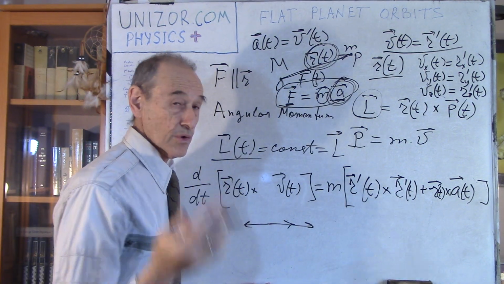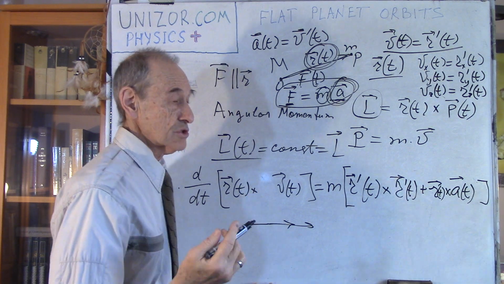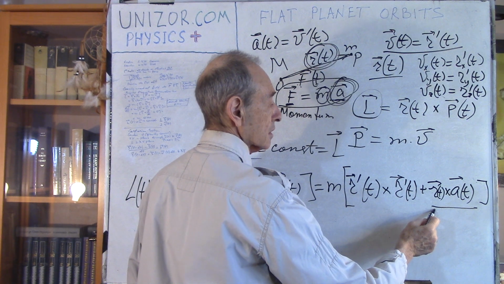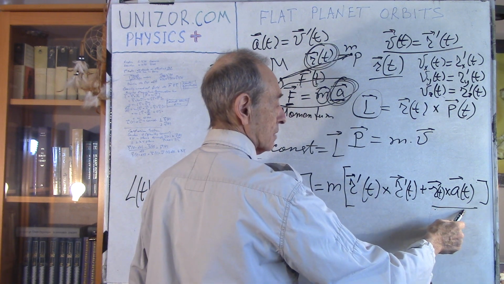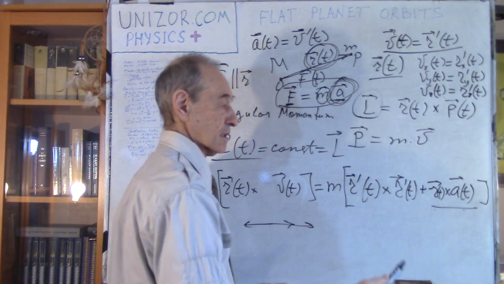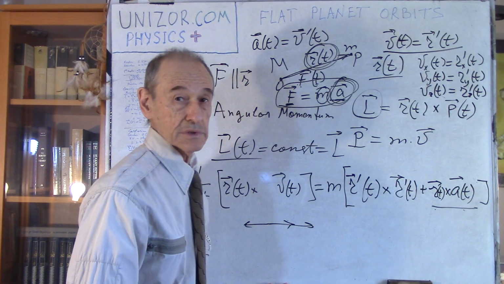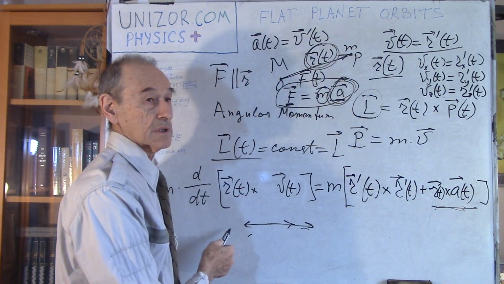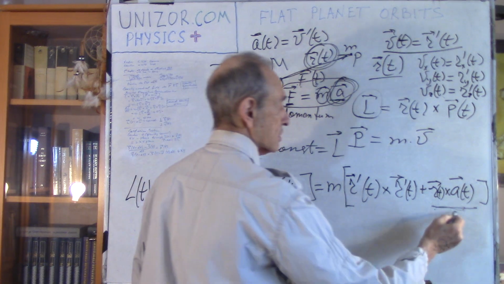Now, recall that the magnitude of a vector product is equal to the magnitude of one component times the magnitude of the other component times the sine of the angle between them. And the angle between them is either 0 or 180 degrees. Sine is equal to 0.